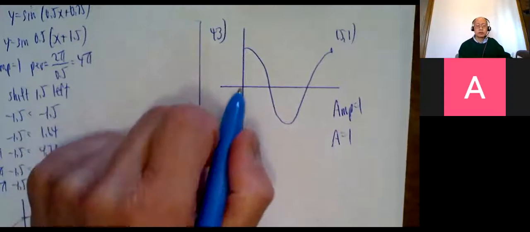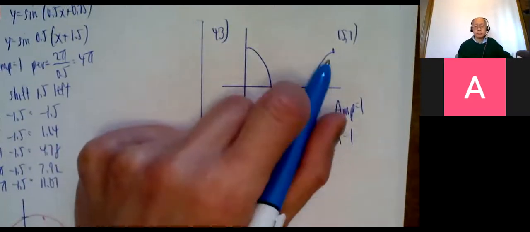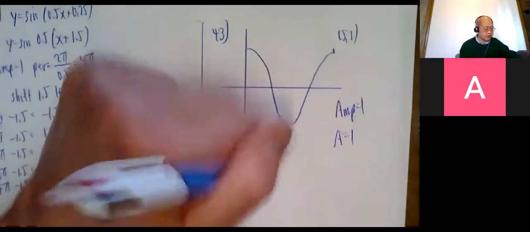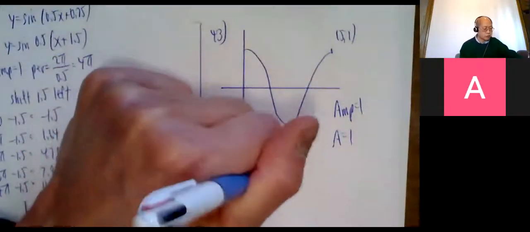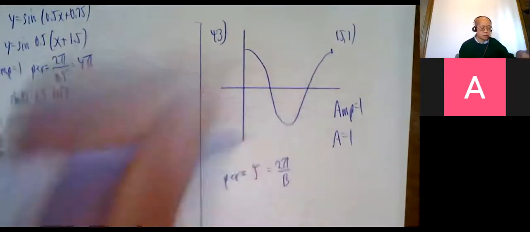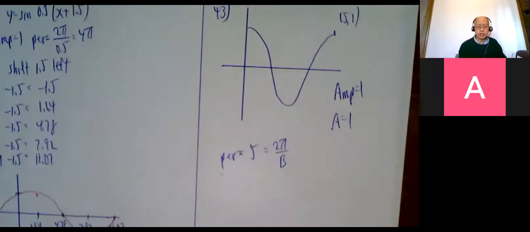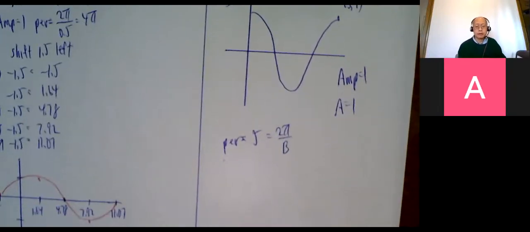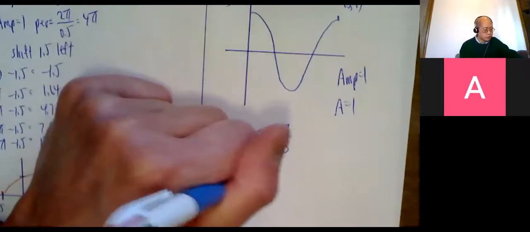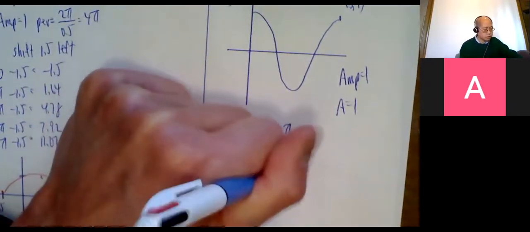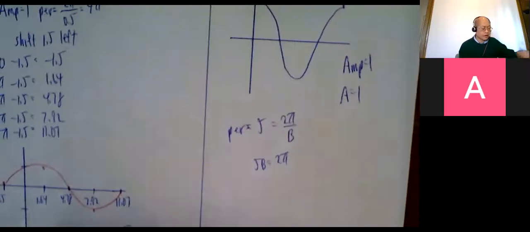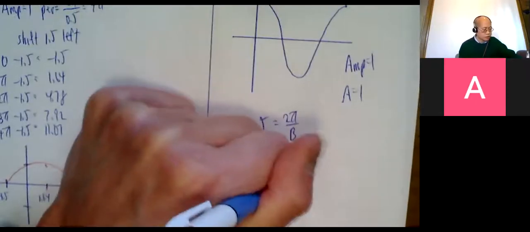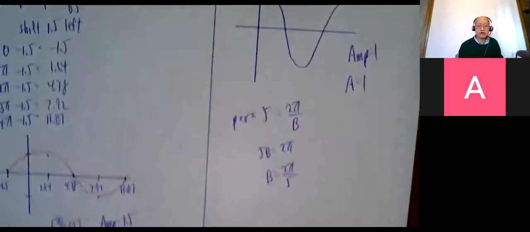What's the period? Well, from here to here is the end of one period, so it's 5. 2 pi divided by b. Multiply both sides by b. 5b equals 2 pi. Divide by 5. b is 2 pi over 5.